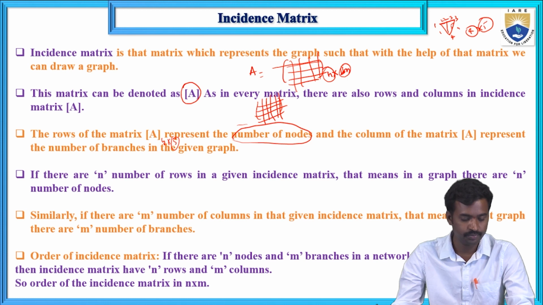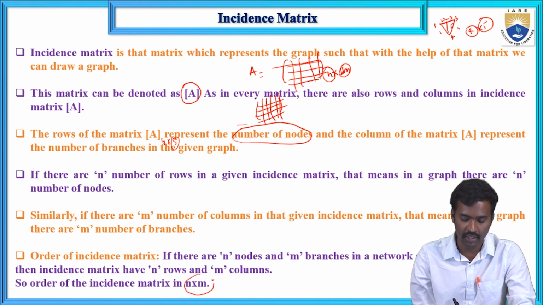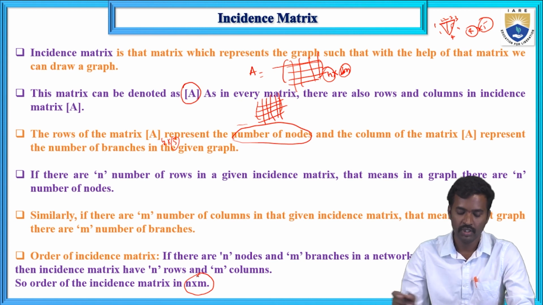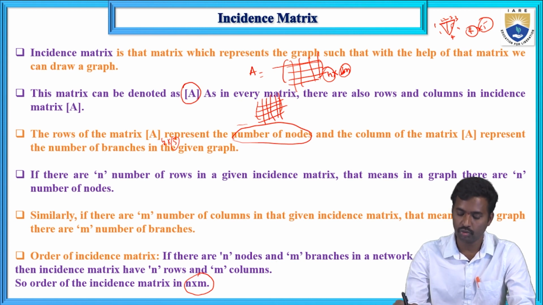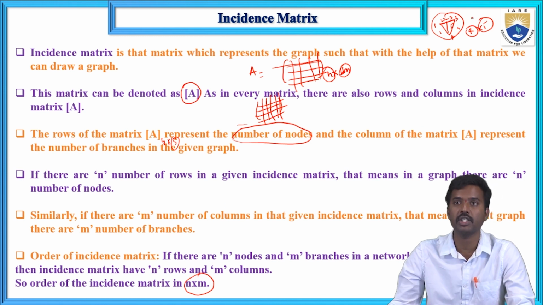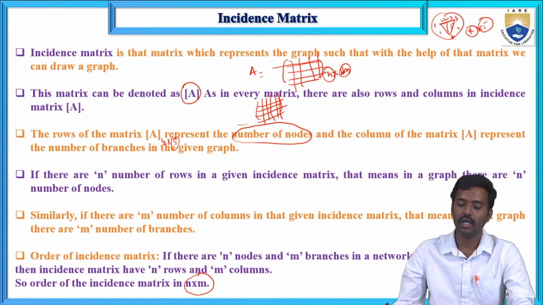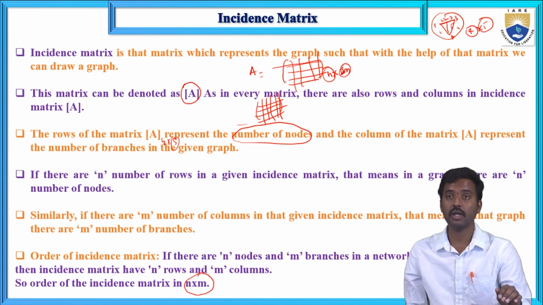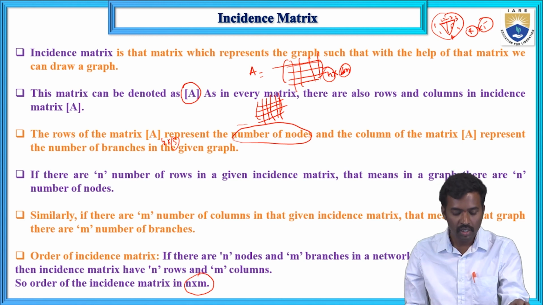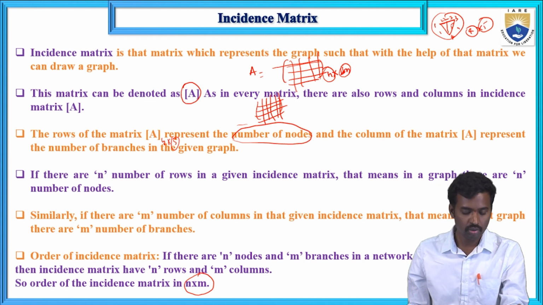Now the order of the incidence matrix is n cross m.